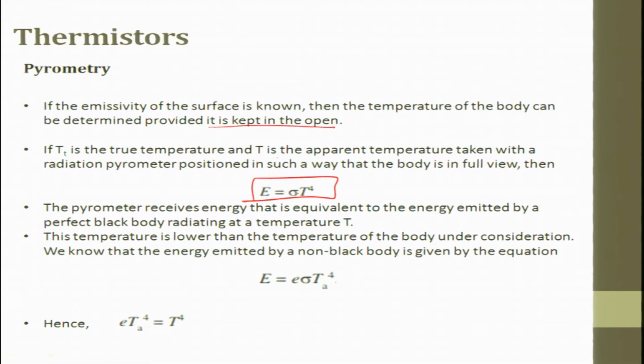The pyrometer receives energy equivalent to the energy emitted by a perfect black body at temperature Ta. This temperature is lower than the temperature of the body under consideration. We know the energy emitted by a non-black body is given by this equation, and hence emissivity times T to the power 4 equals Ta to the power 4.